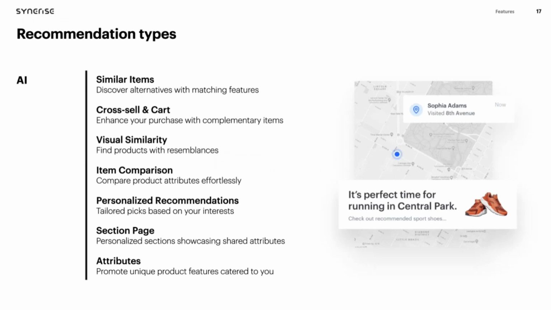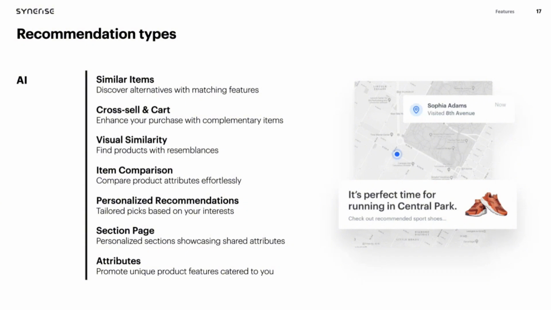So first, I think the most important distinction within recommendations is the distinction between AI-driven recommendations and heuristic-based recommendations. And I would say that of course, AI is actually what brought you to us.